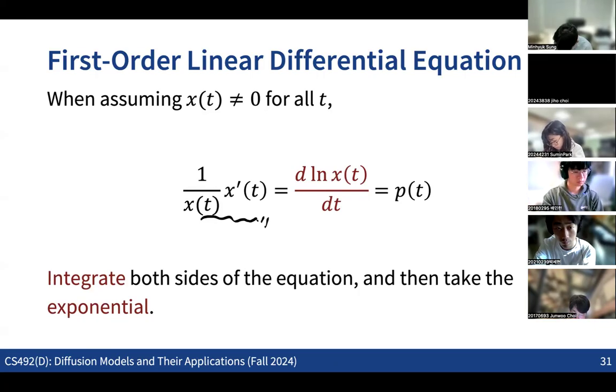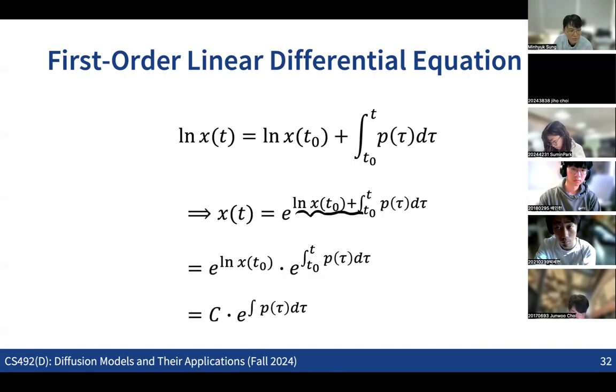So now we can see how we can simplify the left-hand side. And since the left-hand side is the derivative of a function, we can simply take the integral on both sides. If we take the integral on both sides, we have some offset term here, and we take the integral here. We also need to take the exponential on both sides.